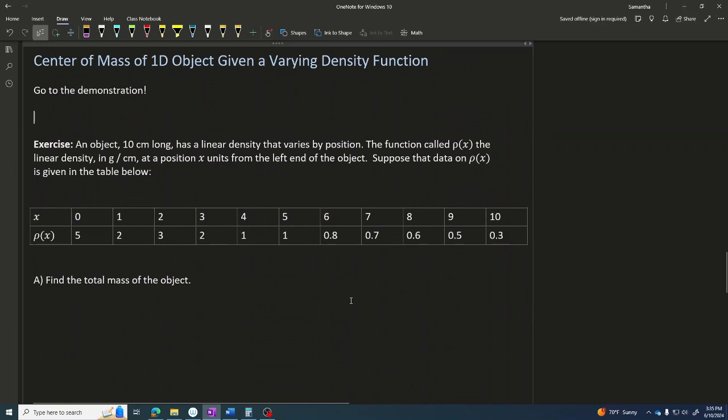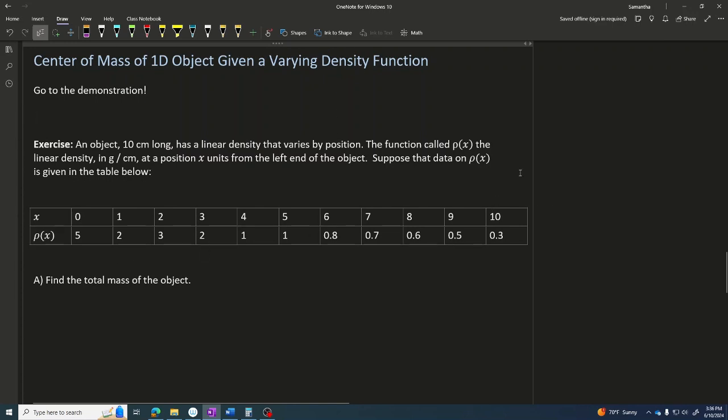So let's work through an exercise that allows us to utilize that idea. We have an object that's 10 centimeters long, and it has a linear density function that varies by position. Let's suppose that the function that gives me the relationship between density and position is called rho of x.